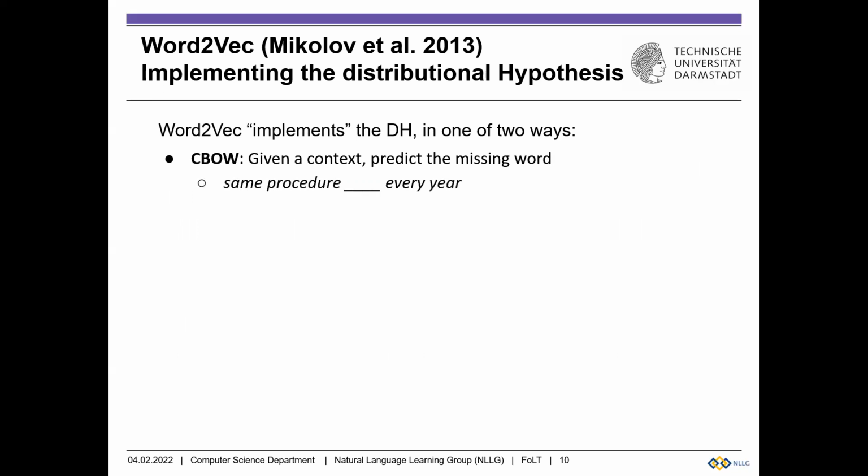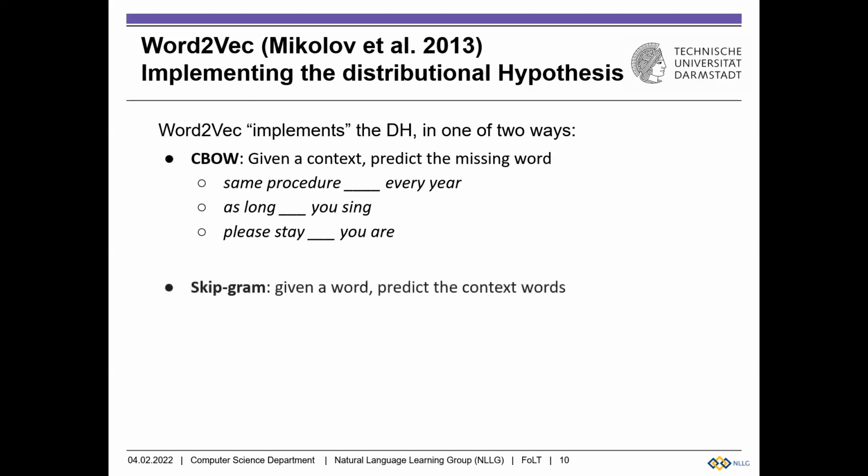So basically one would have the context and would have to fill in the missing word. As long as you sing, please stay where you are. So here the task is to predict the missing word from the context, or the skip-gram model, where the operation is vice versa, and in a manner that seemingly is more difficult for humans.